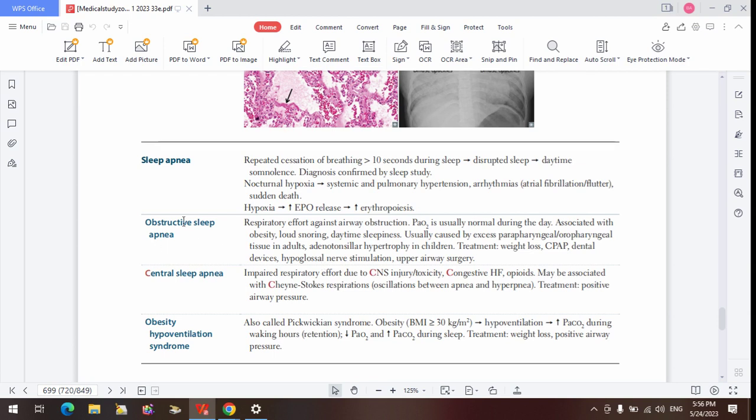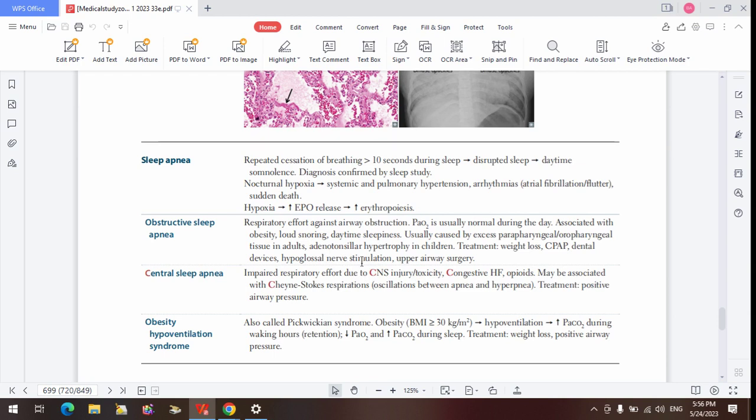So for obstructive sleep apnea, one of the cardinal symptoms that you see in the history is what? An obese person or a small child with adenoidal hypertrophy that experiences snoring at night. Because they suffer apneic episodes, it is going to trigger the survival reflex that I've talked about.